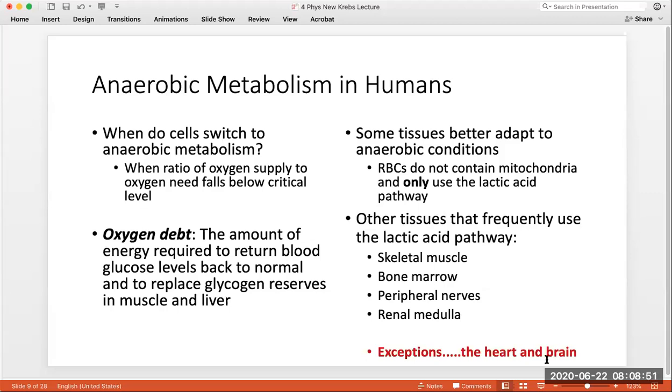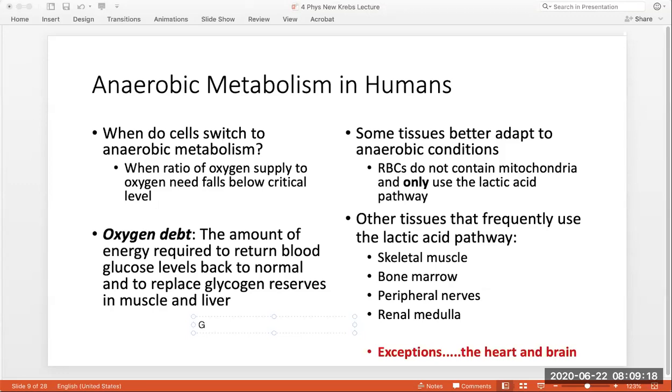And so if your overall cellular metabolism increases in your body, you'll get something called glucose sparing. And what glucose sparing does, let me write it on here for you. Glucose sparing is where you have some tissues of the body that will choose to not use glucose to spare it for other tissues that have no ability to go anaerobic, and they spare it for them.